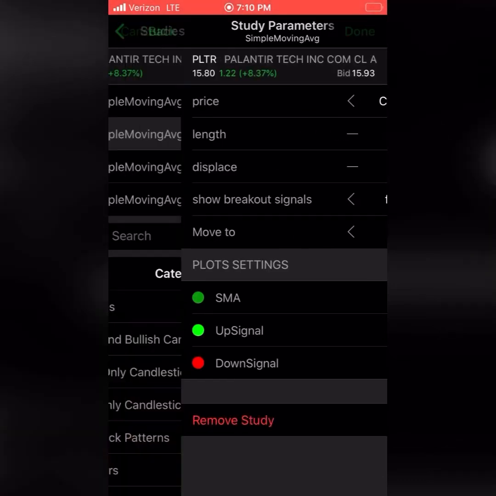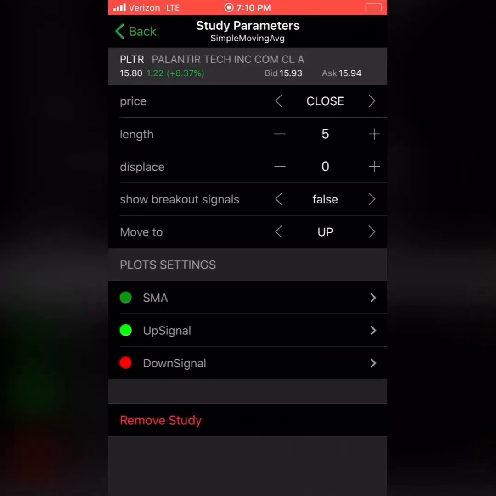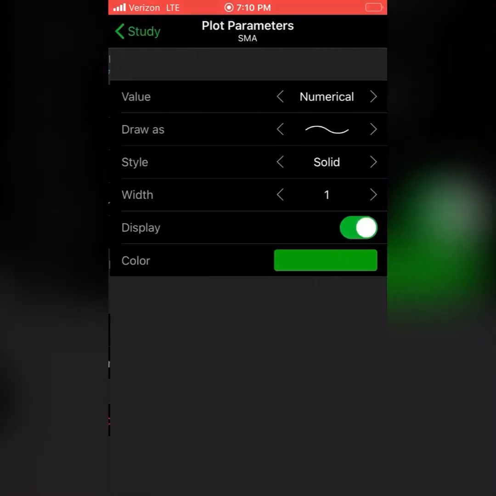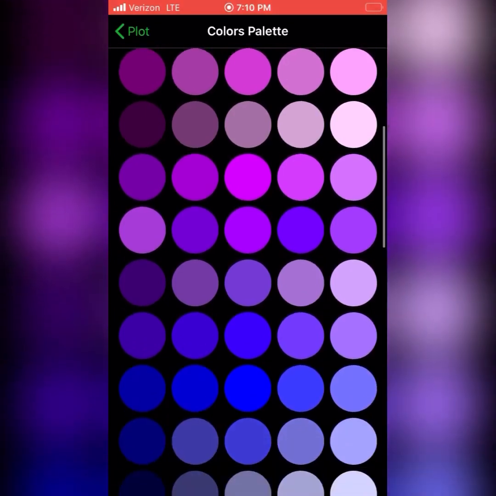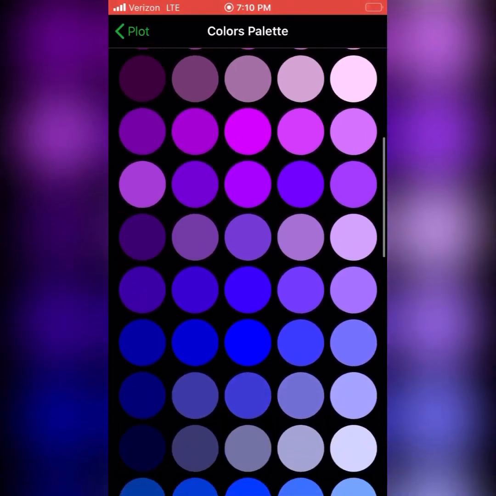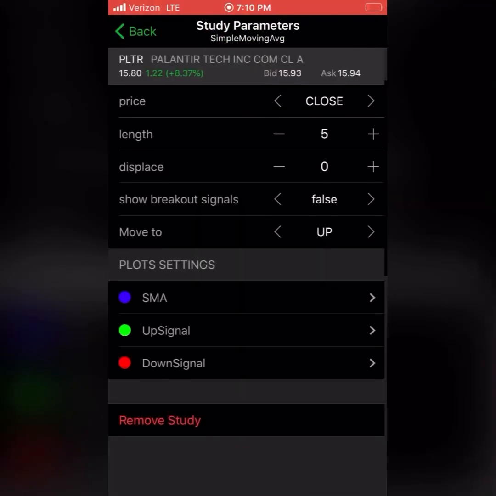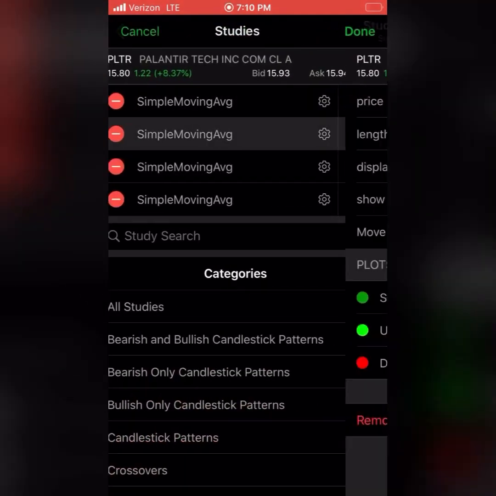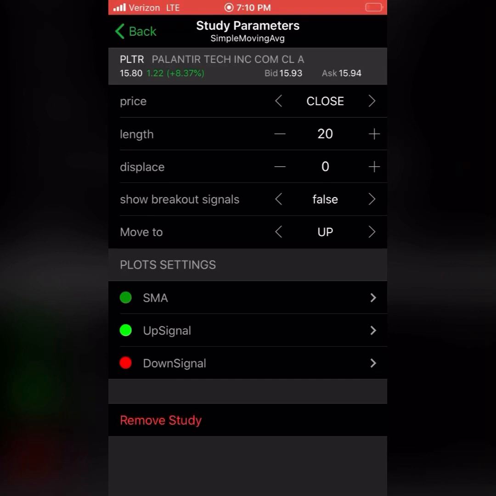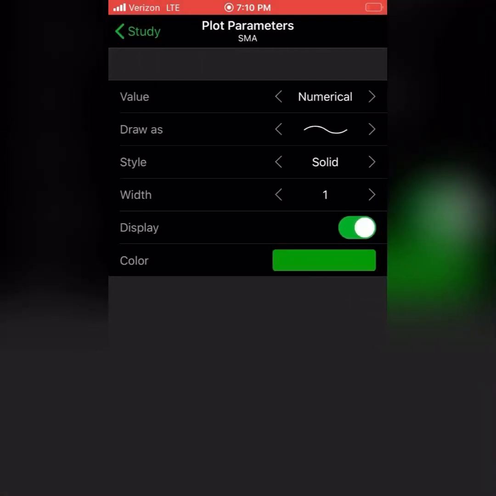And the reason you're doing this is because your 5-day is going to overlap with your 20-day SMA. So you're going to want this 5-day a light blue color, light for lower SMA, and that's going to be important in just a moment. And then you got your higher SMA, and that's going to be a dark blue.